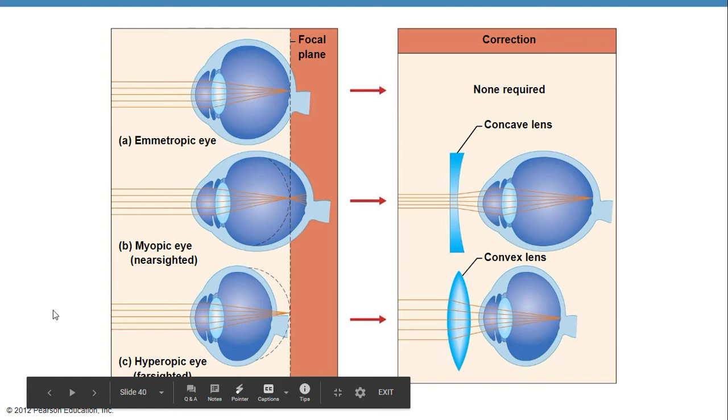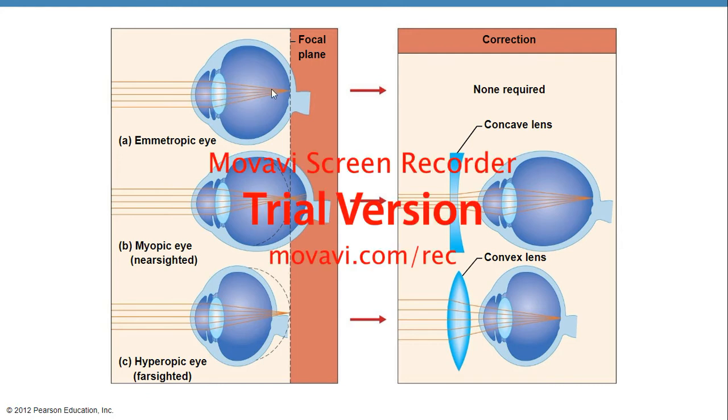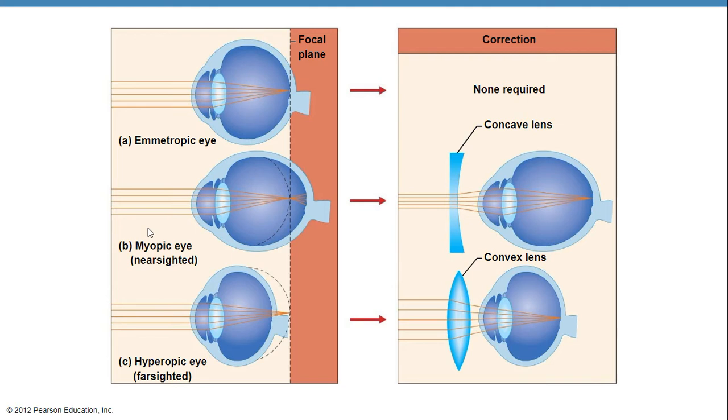So this is showing you the normal emmetropic eye right here. You see that the focal point falls nicely on the retina. And you see right here at B, the myopic eye. You see how the eye is too long.